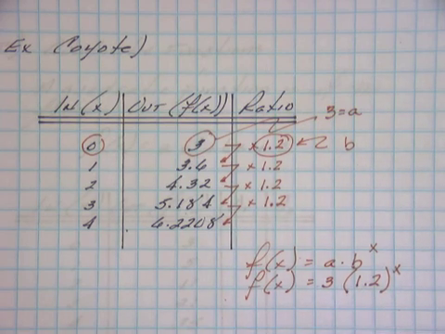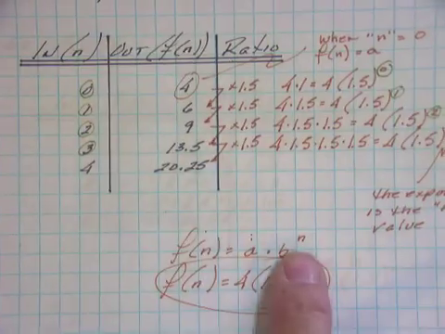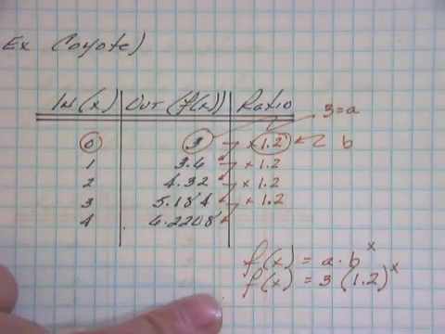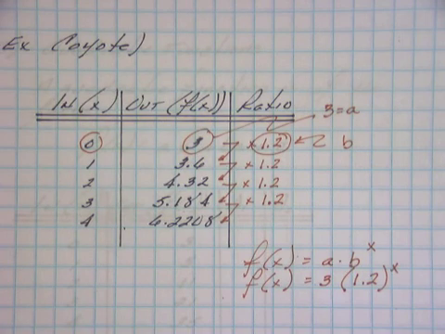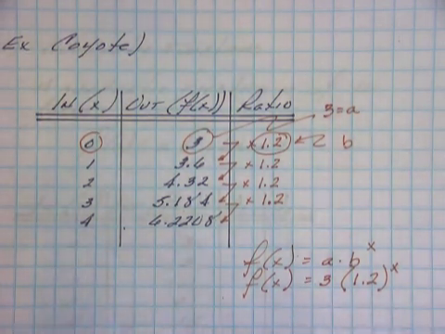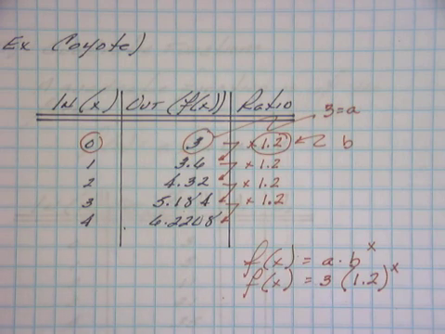So f of x equals 3 times 1.2 to the x value. All right, I hope it's not confusing you that in this problem I used n and in this problem I used x. Doesn't matter, okay? So hopefully that'll give you enough to get started on exponential functions. Now, in the next video, we're going to be doing quadratic functions.